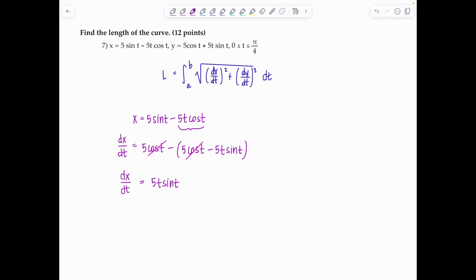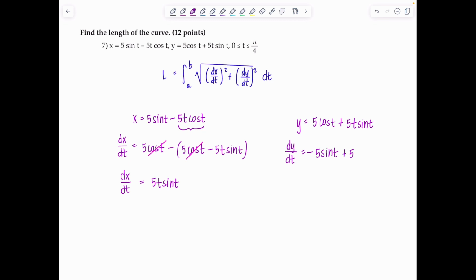Okay, that's nice. And then let's see, y is 5 cosine t plus 5t sine t. So then dy/dt is negative 5 sine t. Product rule again, but because there's no minus sign, I don't need parentheses, right? We're good.